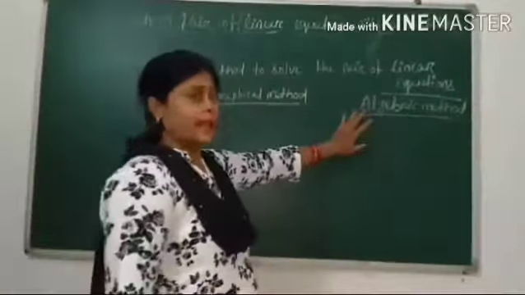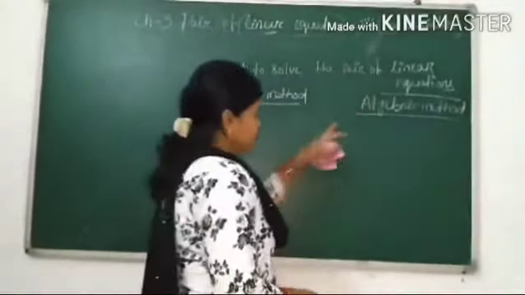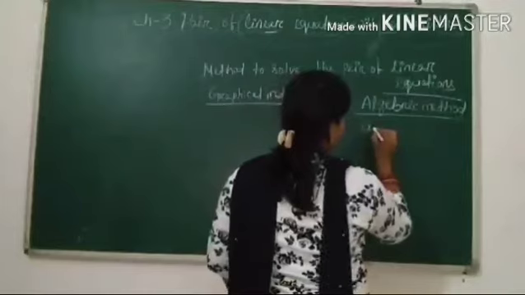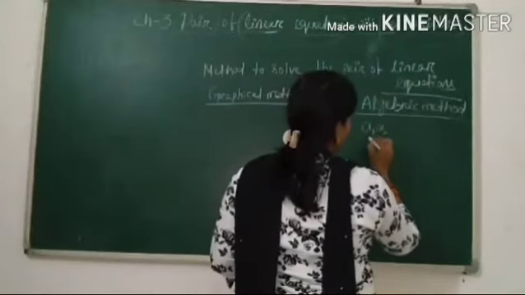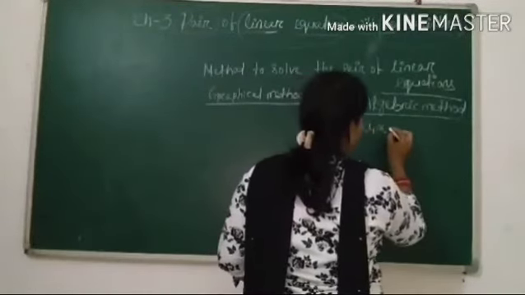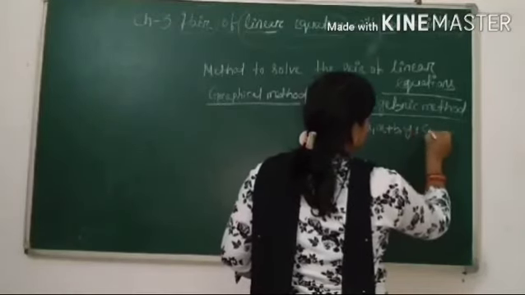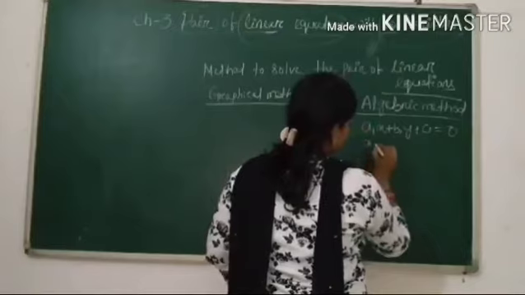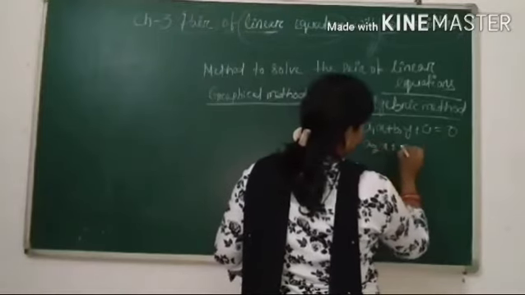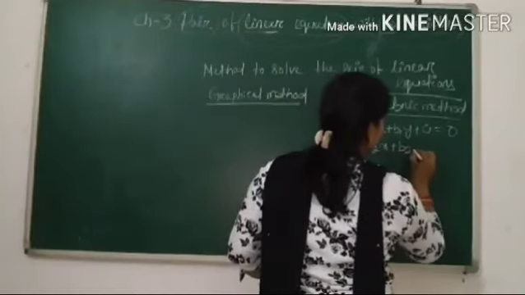As I discussed earlier, here I am going to write the general form of pair of linear equations with two variables.